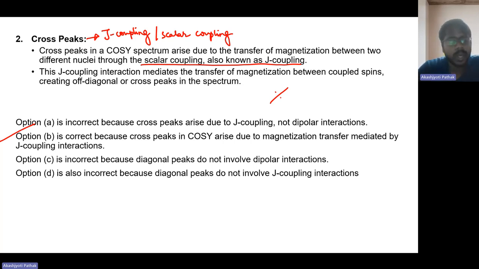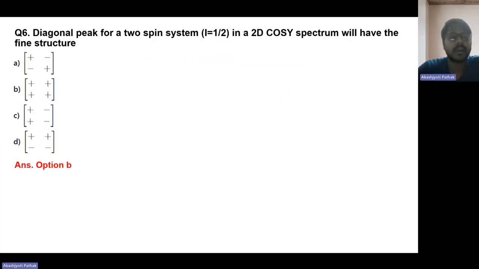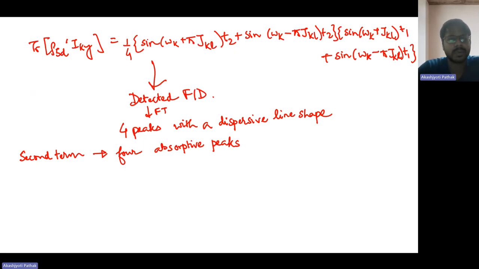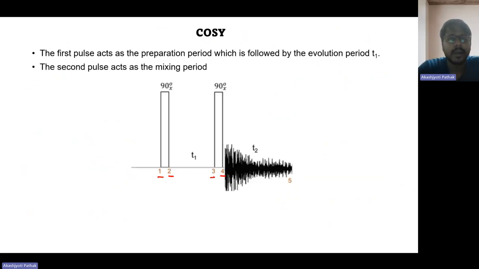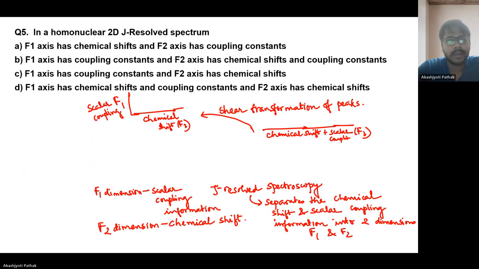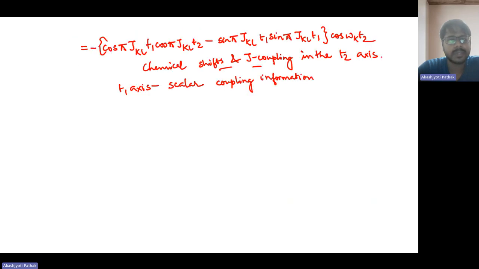We looked at the diagonal peaks and cross peaks present in a 2D COSY spectrum, and we derived a few equations for better understanding of this COSY experiment, and then we solved these questions.